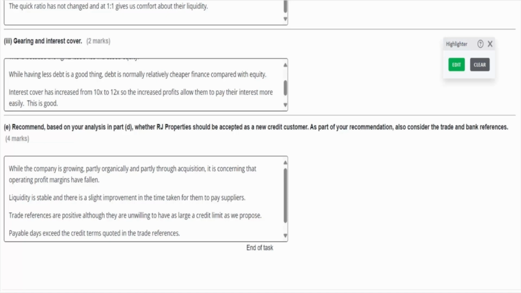And so what we want to do is really write as much as we possibly can, bearing in mind that some of what we write may not get a mark, so the more we do write, the better it's going to be. And it's going to be important that what we do is basically say what we see in terms of profitability, but also what the AAT are expecting us is to try and explain why things have changed. And we've been given information in the text to help us to do that.